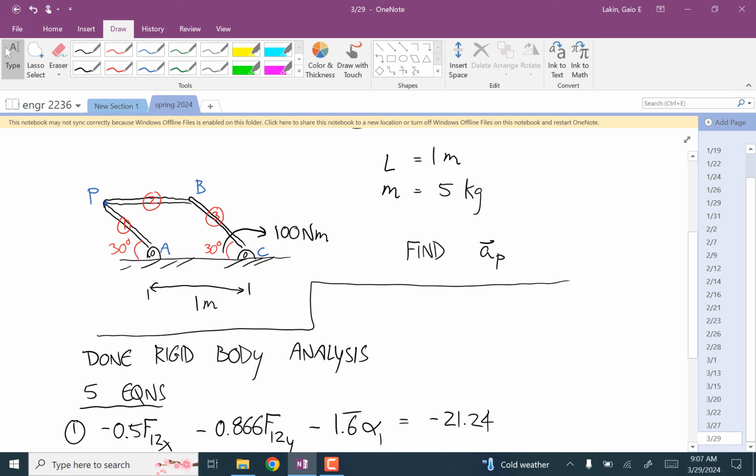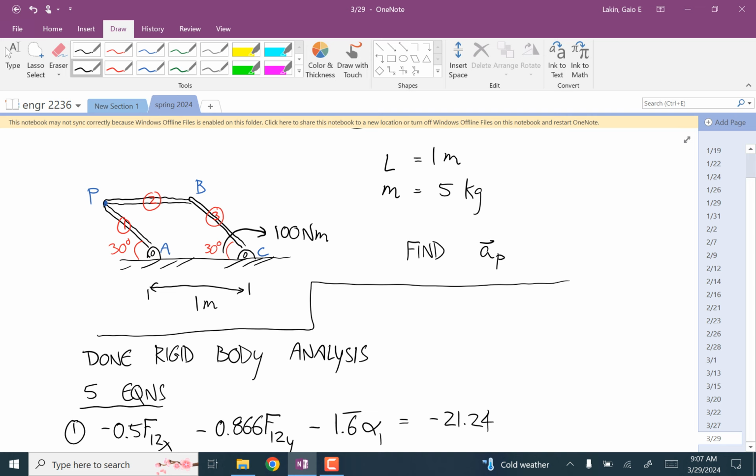First look at the problem and figure out how many variables we should have based on the number of constraints we're going to need. What joints need constraint equations? We don't need them at A or C because those are fixed.